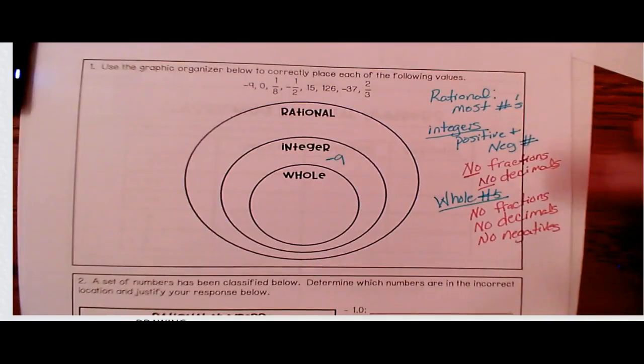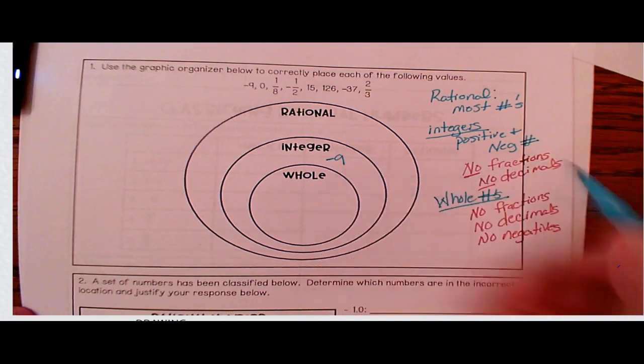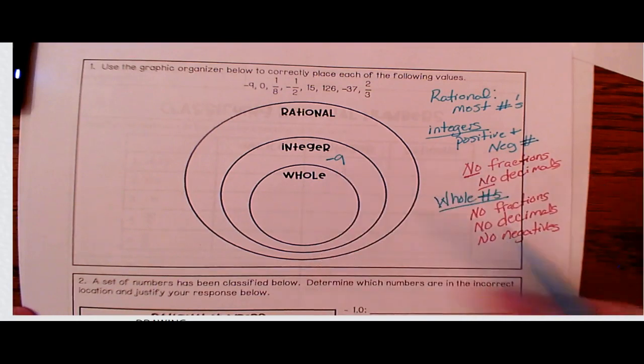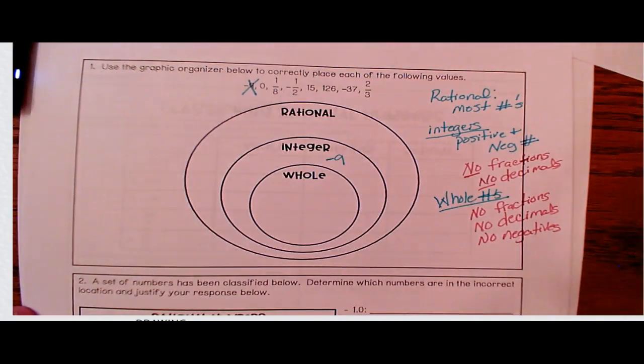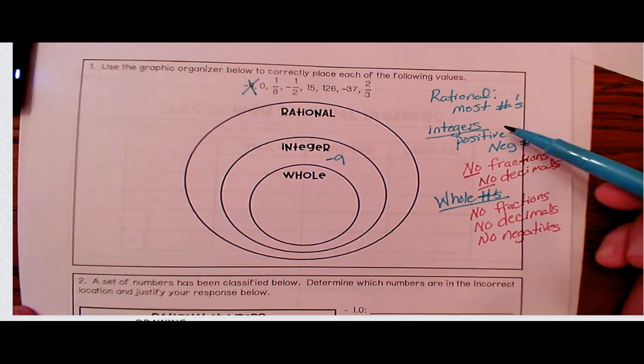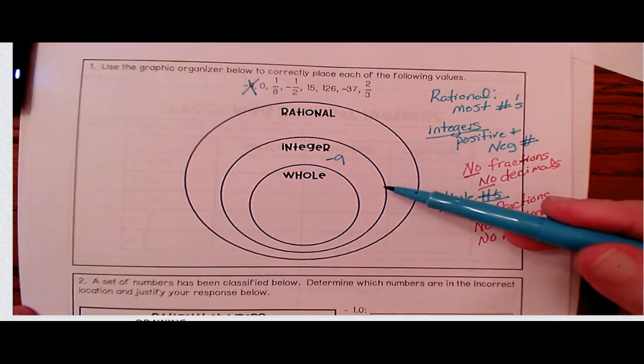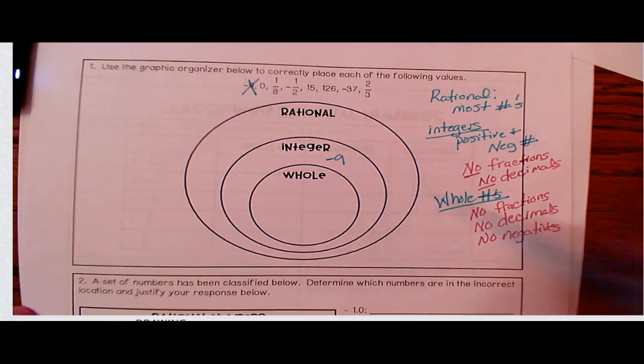So using some of these notes, let's see where we could put some of our numbers. Negative 9 is negative, so it cannot go here. We have that one. 0. It can be a rational, it can be an integer, and it can be a whole number.